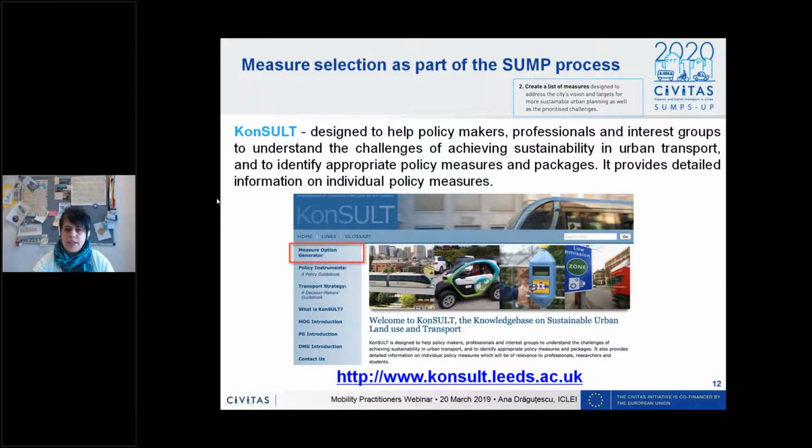What you see in this slide and also in this slide, I will give you more details. It's the Consult measure option generator.